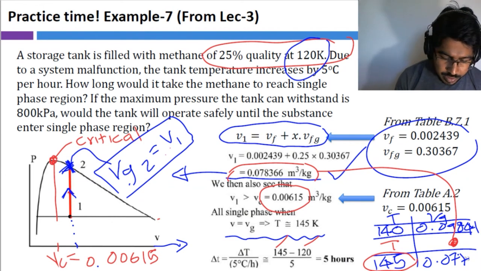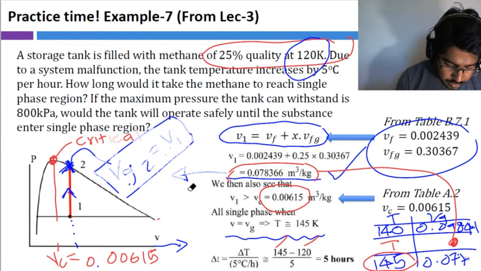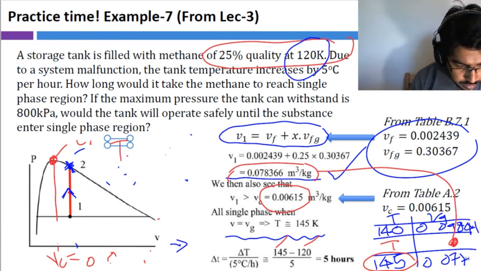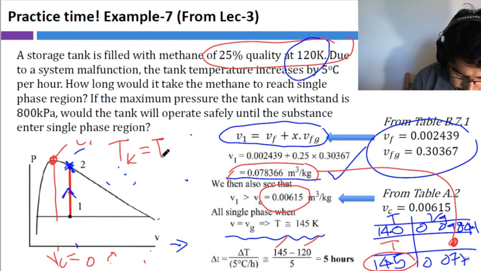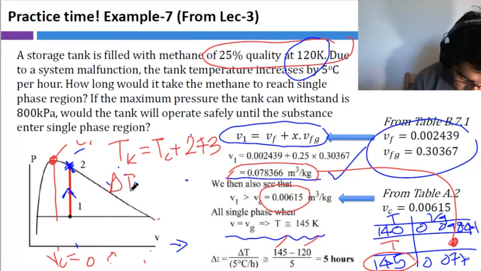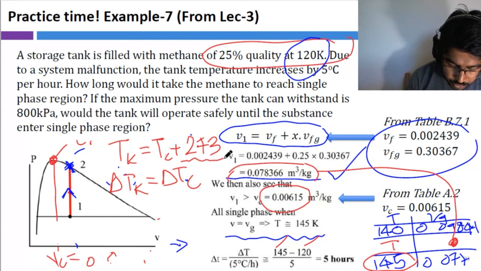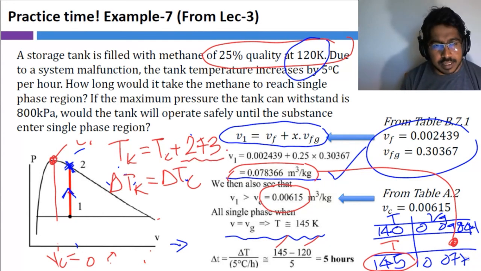So the Kelvin and Celsius difference is going to be the same. Let me quickly write it down here. Let me erase some of this information. Okay. So Tk is equal to Tc plus 273, but delta Tk is equal to delta Tc, because that 273.15 portion is a constant.